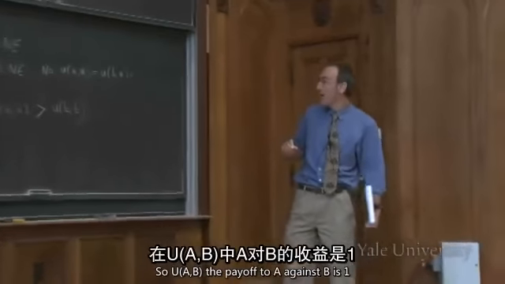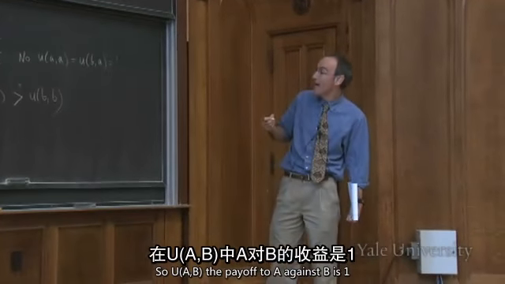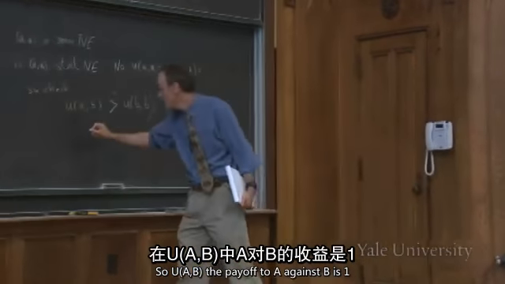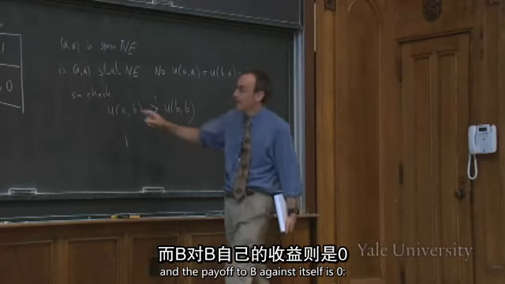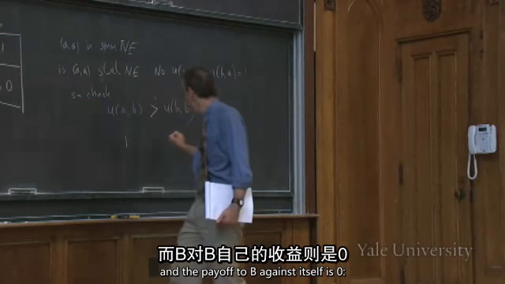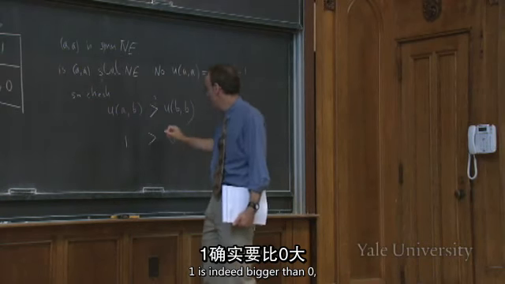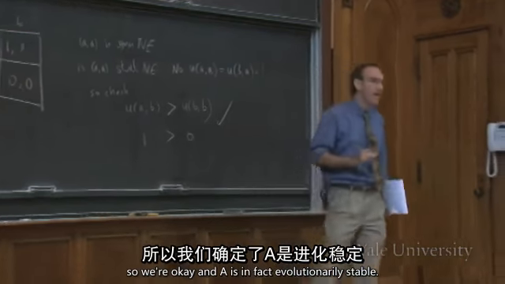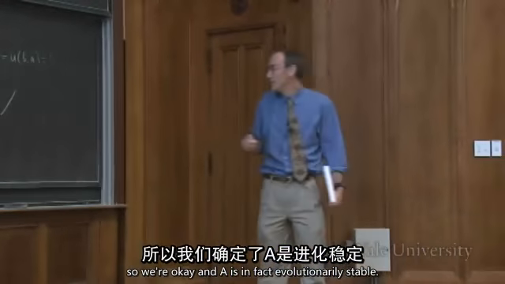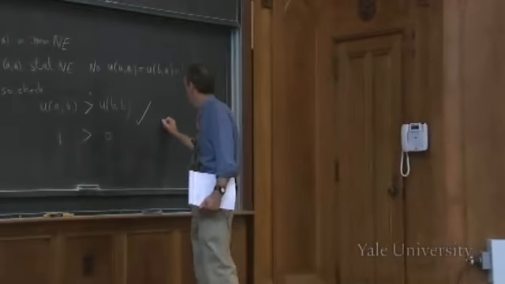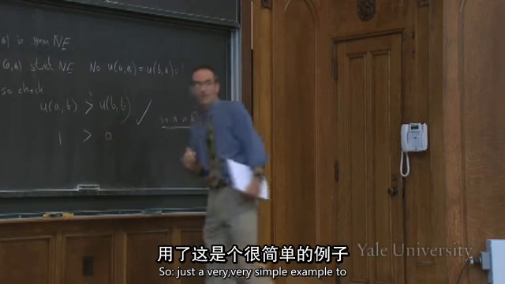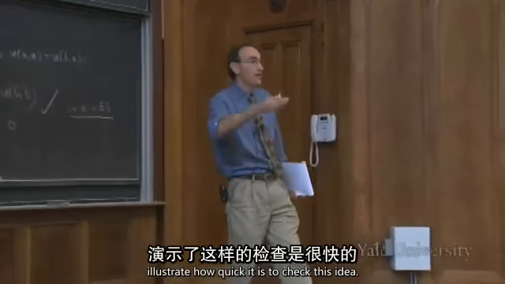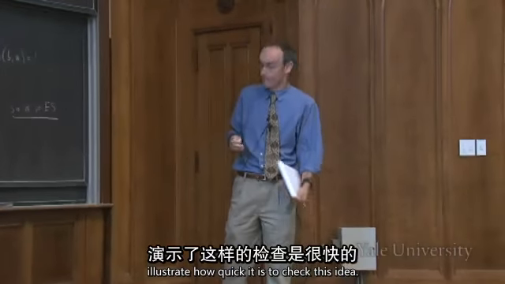All right, so U(A,B), the payoff to A against B, is 1, and the payoff to B against itself is 0. 1 is indeed bigger than 0, so we're okay, and A is in fact evolutionarily stable. Just a very, very simple example to illustrate how quick it is to check this idea.